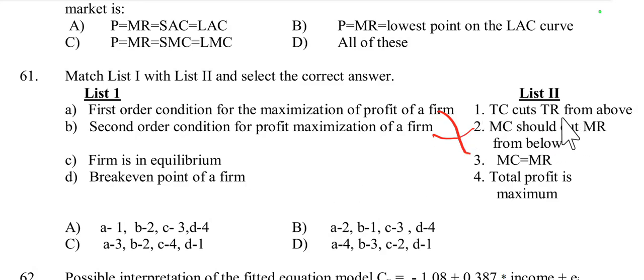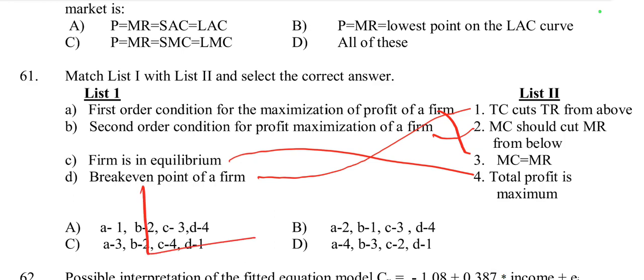Total cost cuts total revenue from above, or total profit is maximum. When the firm is in equilibrium, at that time total profit is maximum, and at the break even point of a firm, TC cuts TR from above.